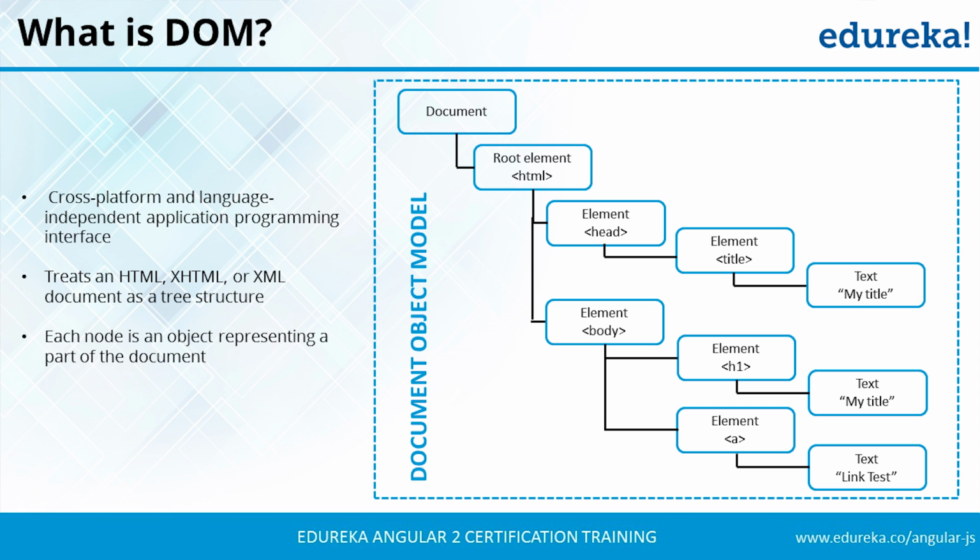And the hierarchy comes with a document. The document is basically an object which will go ahead and get the elements arranged in a fashion that is understandable, with the head taking the metadata of the HTML, and with the body taking the content of that particular client view representation. Each node is basically an object representing a part of the documentation. That's exactly what DOM is.